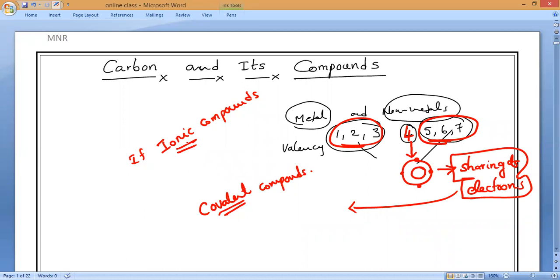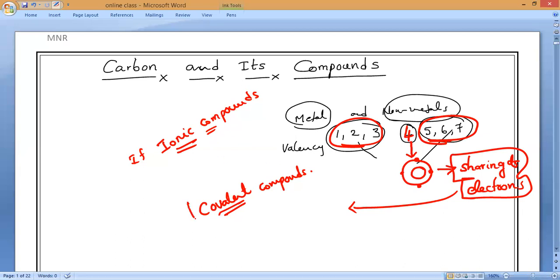Ionic compounds are stronger, with high melting and boiling points compared to covalent compounds. Covalent compounds are weaker than ionic compounds.